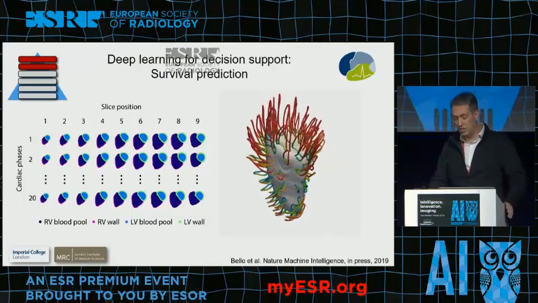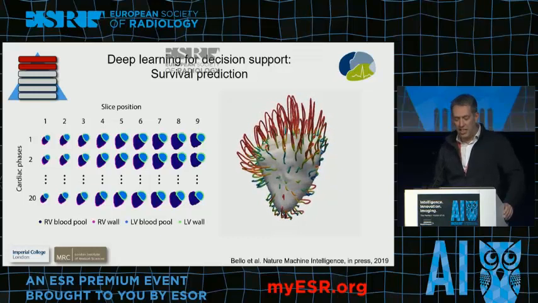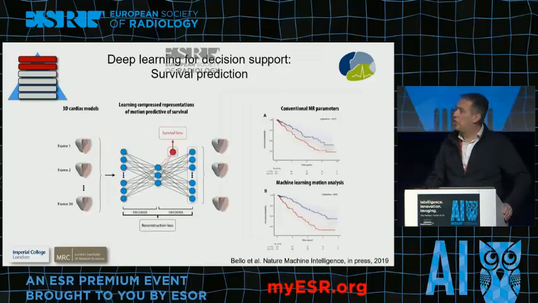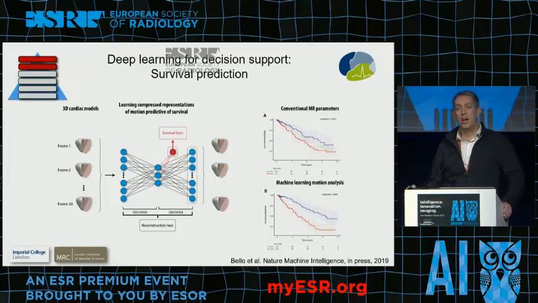the heart. And if I do this with a neural network, then I can say, well, to my neural network, why don't you also learn features which are not only useful for segmentation or for motion information, but also for predicting, for example, survival. So what we have done here is we have taken this neural network which segments these images, but we force the neural network to also make a prediction about how long patients are going to survive if they have pulmonary hypertension.